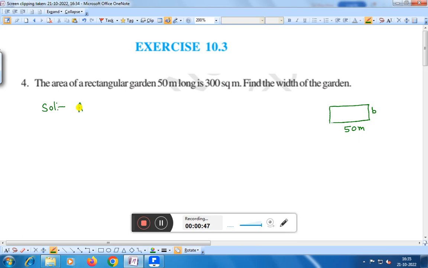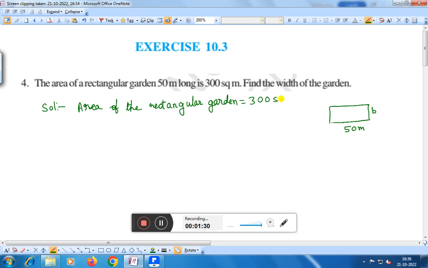Area of the rectangular garden is equal to 300 square meter.